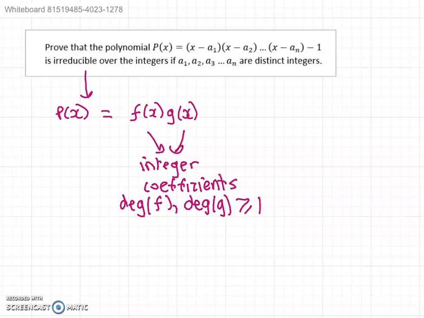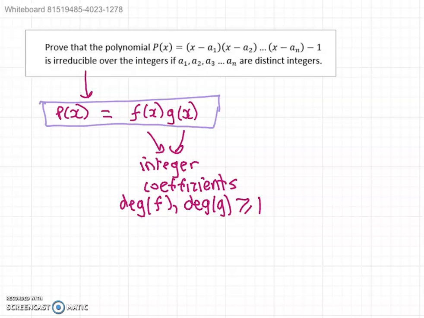Okay, and to do this we can use proof by contradiction, where we assume polynomials f and g do exist that satisfy the conditions, and we'll try to obtain a contradiction using this.